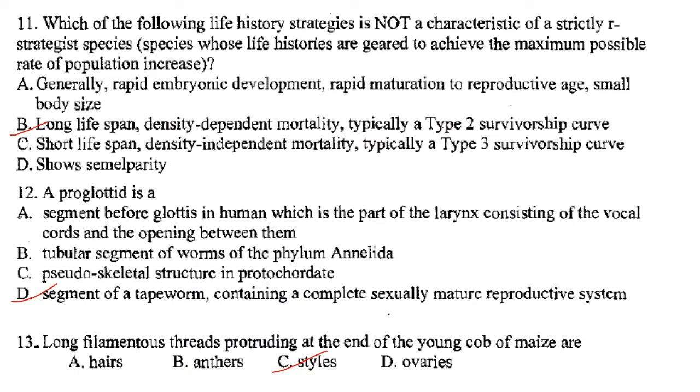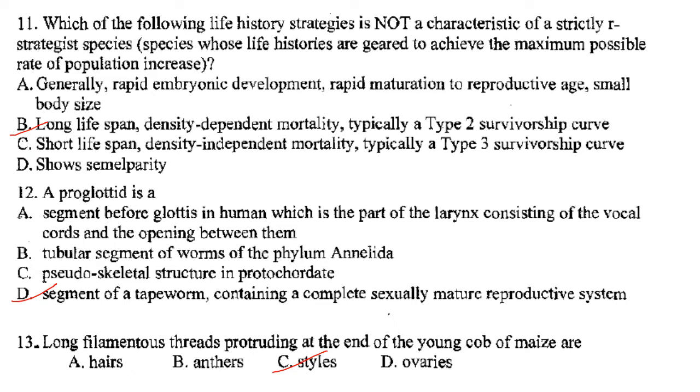Which of the following life history strategies is not characteristic of a strictly R strategist species? Species whose life histories are geared to achieve the maximum possible rate of population growth. So R selected species, they have high growth rate but low survivability. Okay. So we'll see.